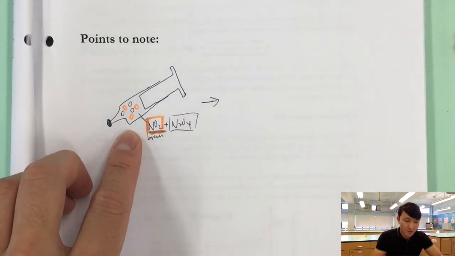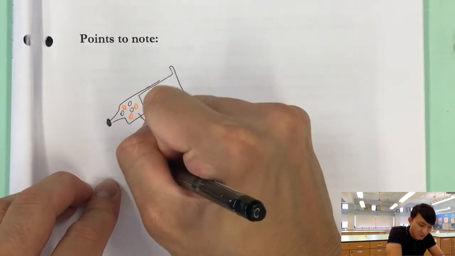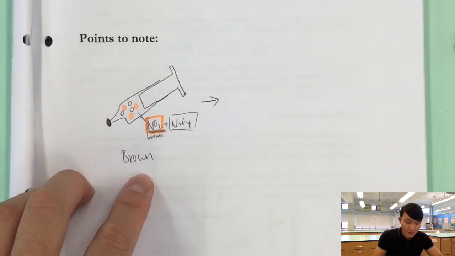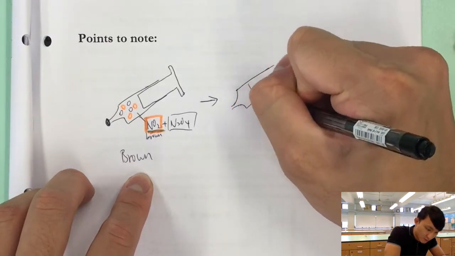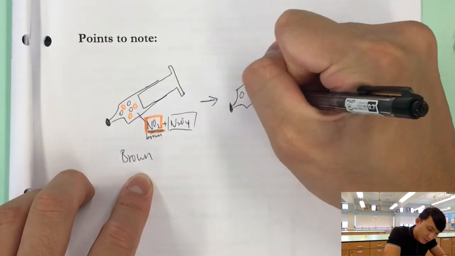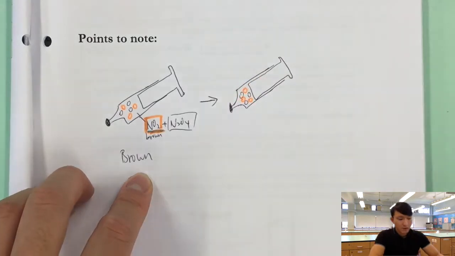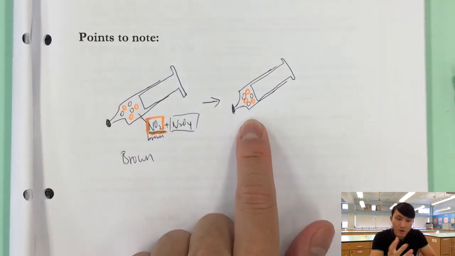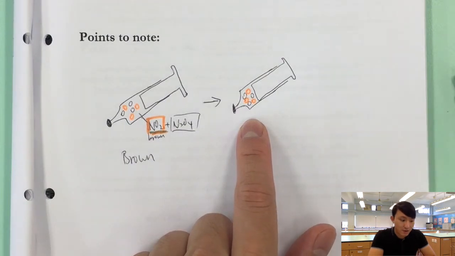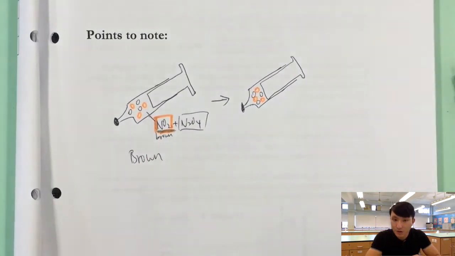So it should be brown. Now when you press it down like this, the molecules, did you notice? They are more close together. They are getting pushed towards each other.